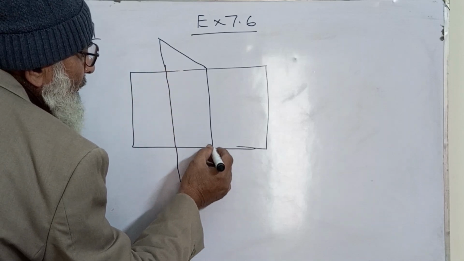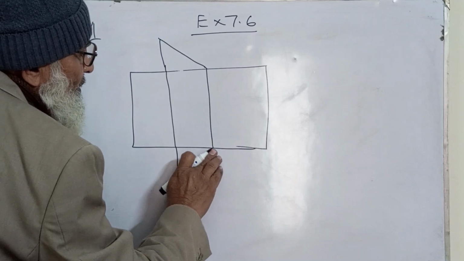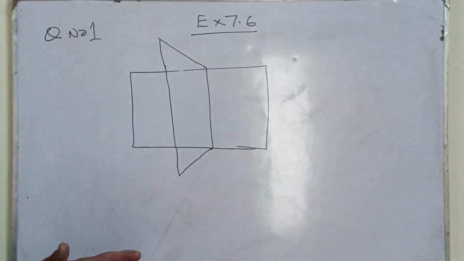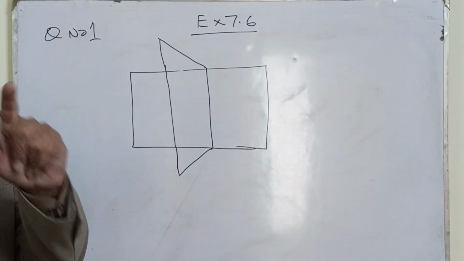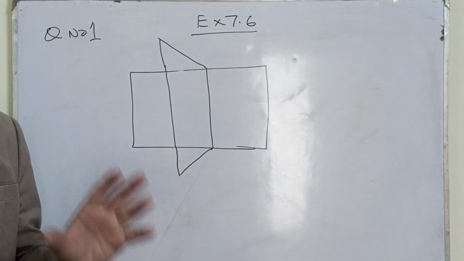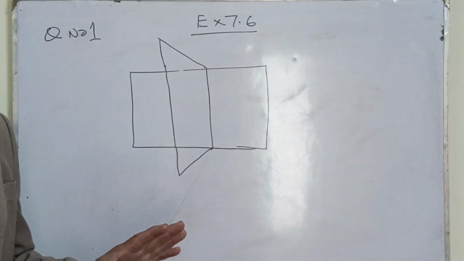One student has asked me that I am getting different answers whenever I calculate. There is one reason for getting different answers: you are following the keys. The keys are commercially prepared.